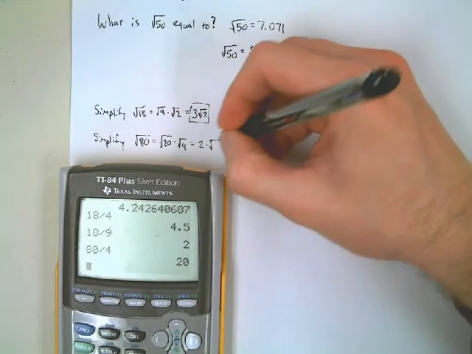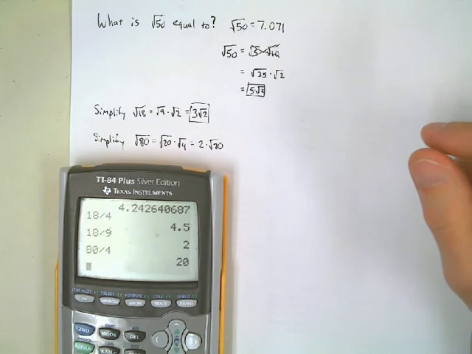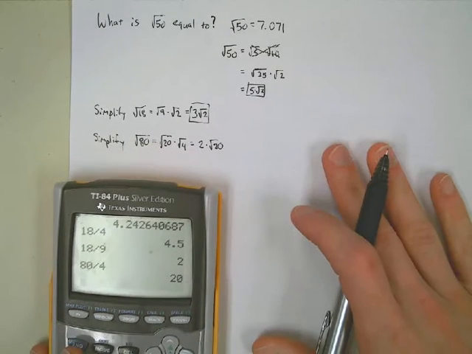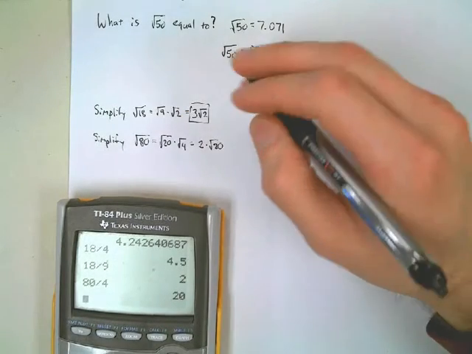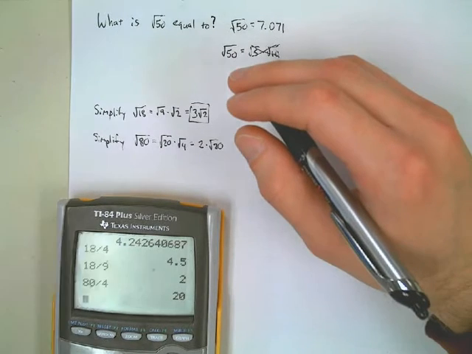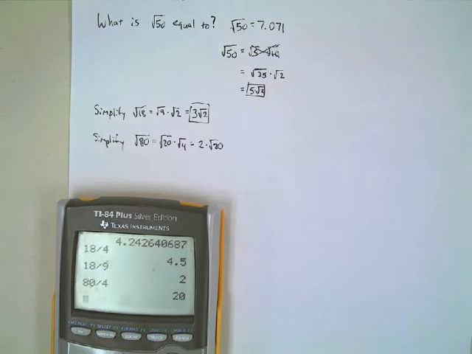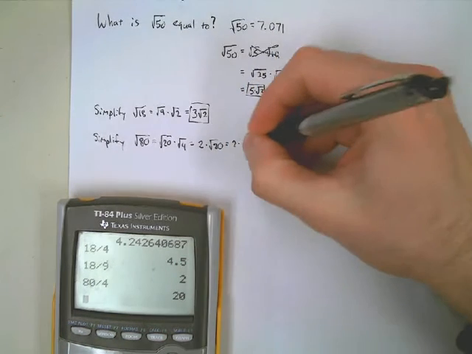Now, is that a final answer, though? Jaden, what can we still do here? We'll come to yours in a second. 20 is divisible by 2, but remember, 2 is not a perfect square. The square root of 20 is the square root of 4 times the square root of 5.